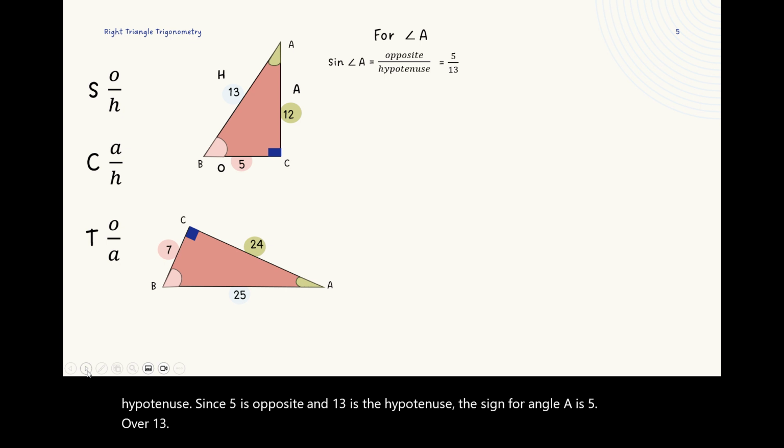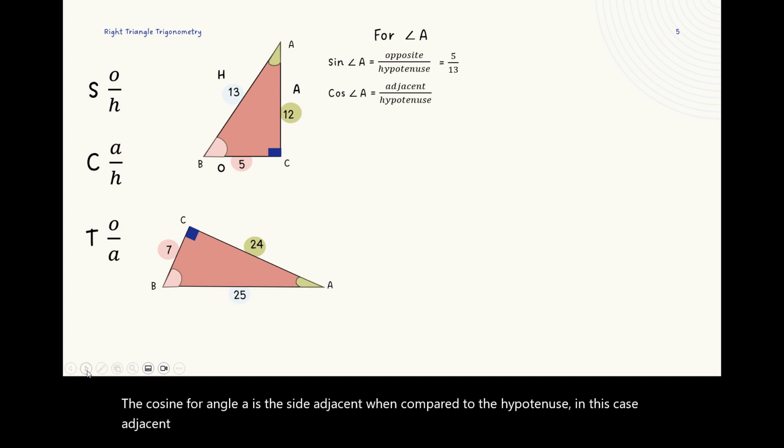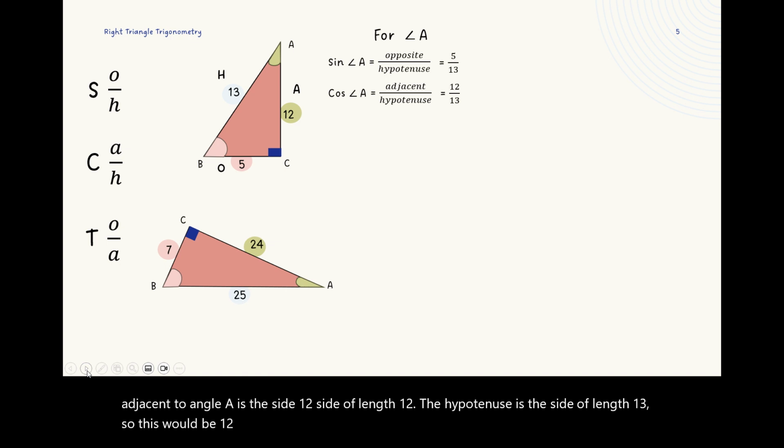The cosine for angle A is the side adjacent when compared to the hypotenuse. In this case, adjacent to angle A is the side of length 12. The hypotenuse is the side of length 13. So this would be 12 over 13.